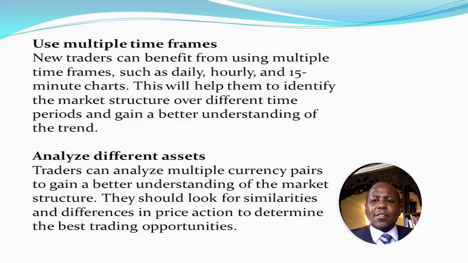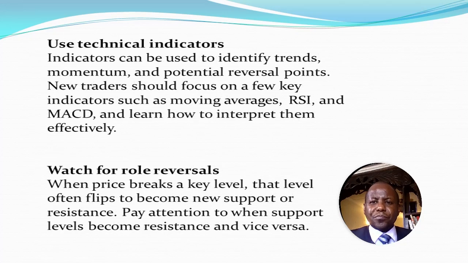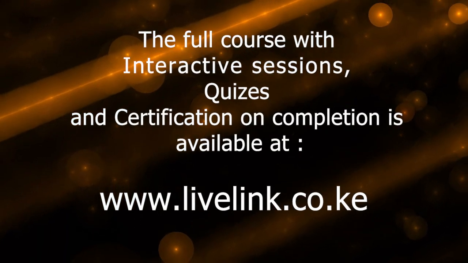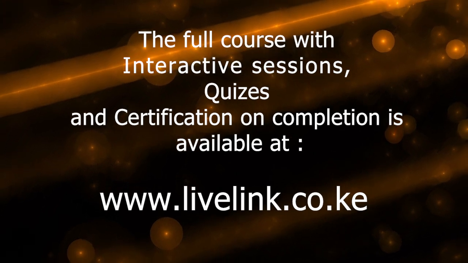So let us continue on and complete this particular market structure lesson by saying this, that we should use technical indicators. Indicators can be used to identify trends, momentum, and potential reversal points. New traders should focus on a few key indicators such as moving averages, RSI, and MACD, and learn how to interpret them effectively.